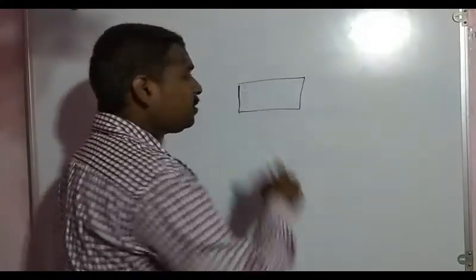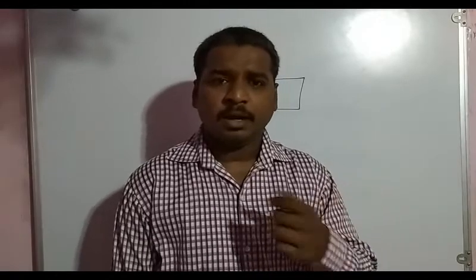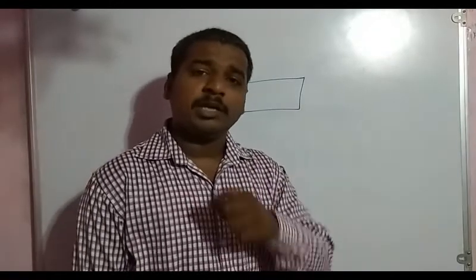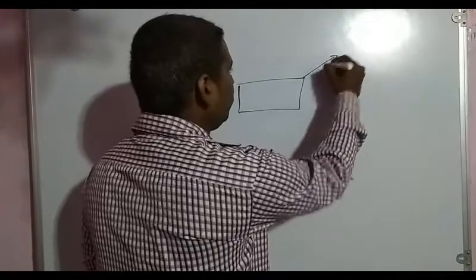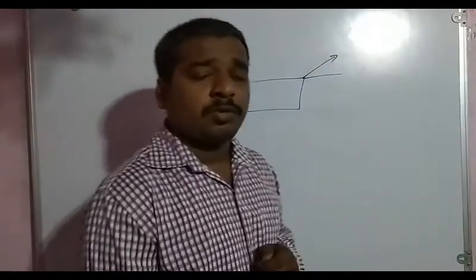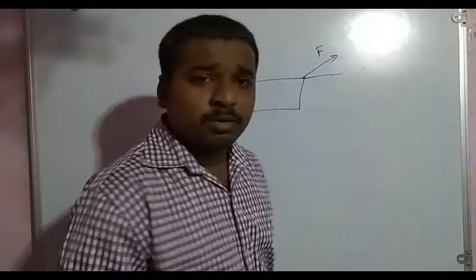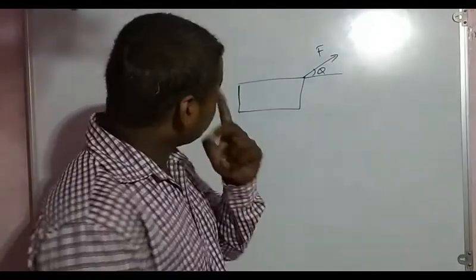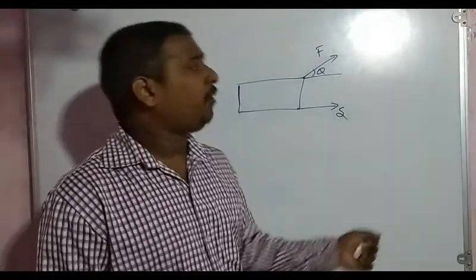But in the previous video, we saw work when the force and displacement are in the same direction. Now, in this lecture, we will see what happens when the force is applied through an angle theta to an object and displacement occurs. How do we calculate the work in this case?